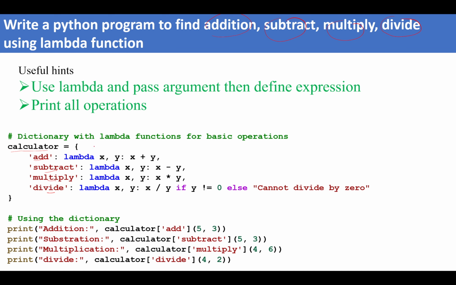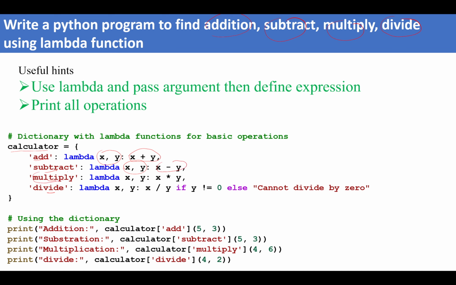We know that for addition of two numbers we require two variables x and y, and for addition we use x plus y. Similarly, the key is subtract, again with two variables x and y, and the expression of subtraction is x minus y.